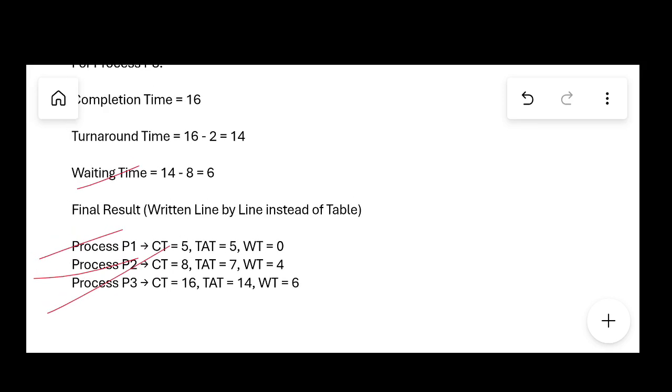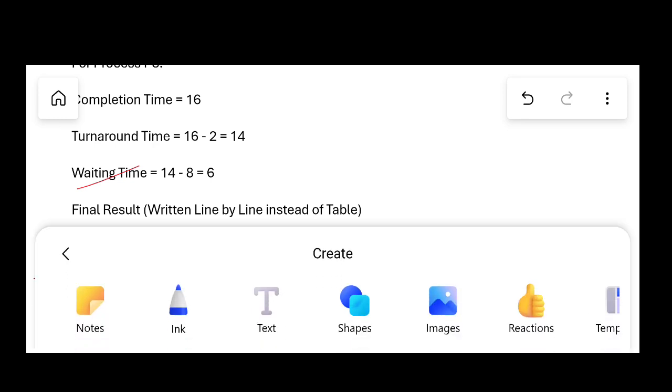So now if we observe carefully, in FCFS the average waiting time can sometimes be very high, especially if one process takes a lot of CPU time. This problem is known as the convoy effect.